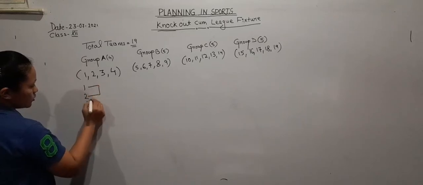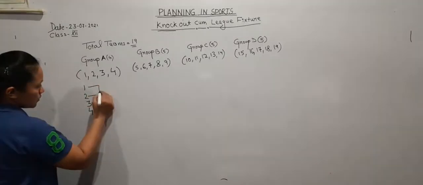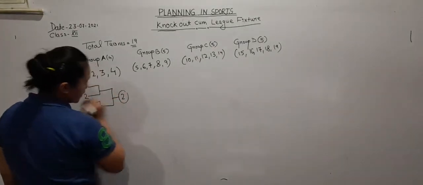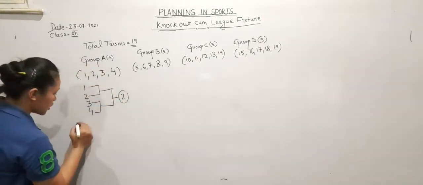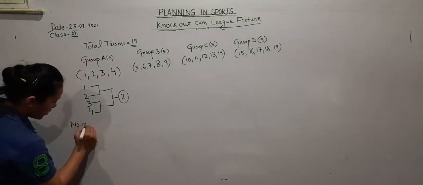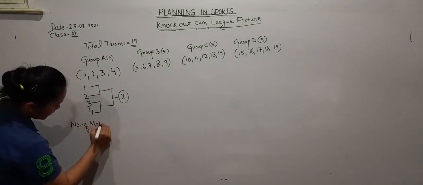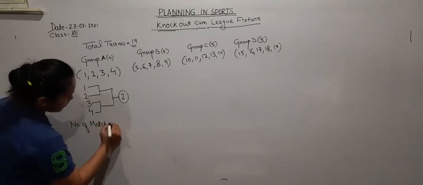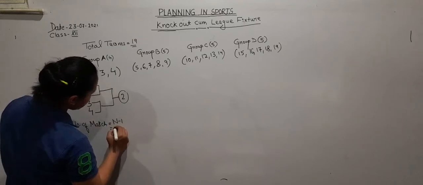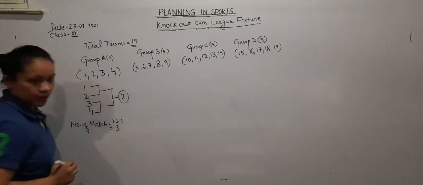Competition between 1 and 2, 3 and 4. Let 2 be the winner of this tournament. So the number of matches in this tournament is n-1, which is 3.